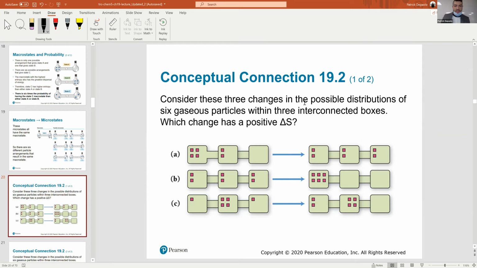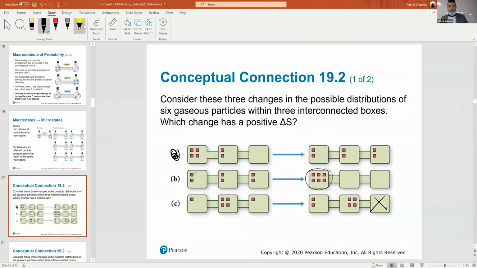And good, Sebastian. The answer is A. Right, because in this transition, here you had maybe, I don't know how many, but when you split them apart into 2 in each chamber, you maximize the amount of microstates you can have, meaning it increases the amount of positions definitely compared to B, and also even compared to C, because you're taking off one box.